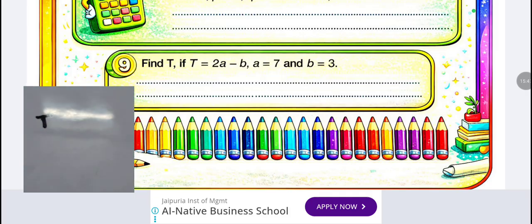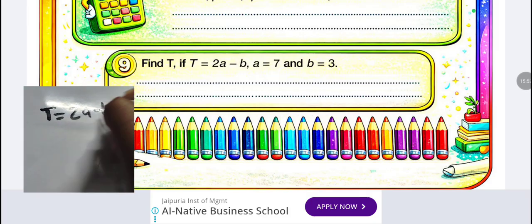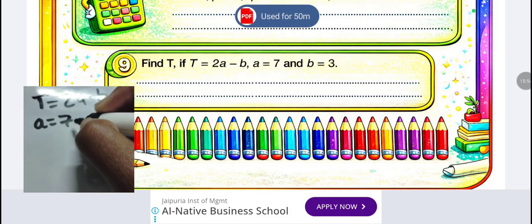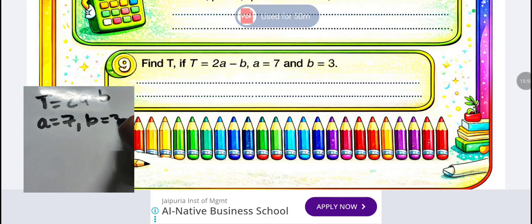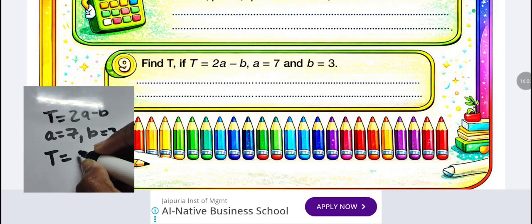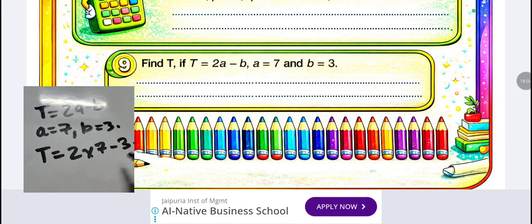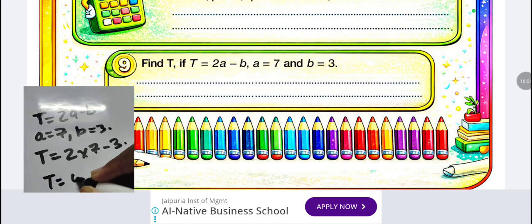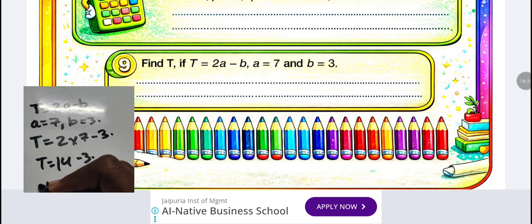Find T. T equals 2a minus b, where a equals 7 and b equals 3. T equals 2 into 7 minus 3, T equals 14 minus 3, T equals 11.